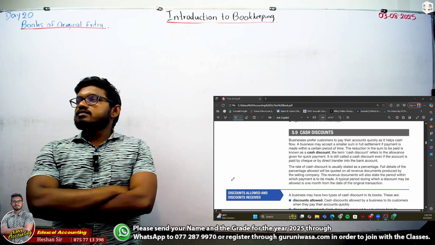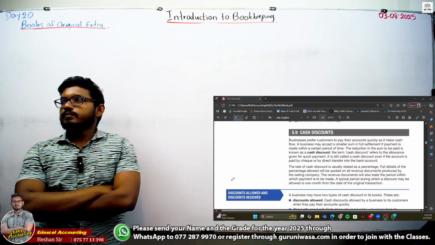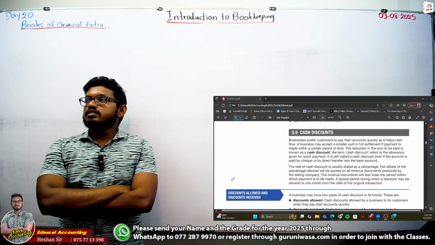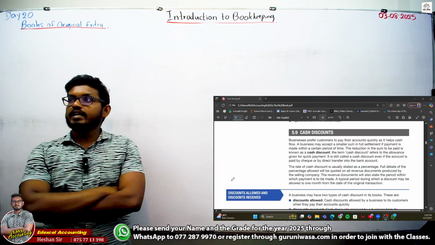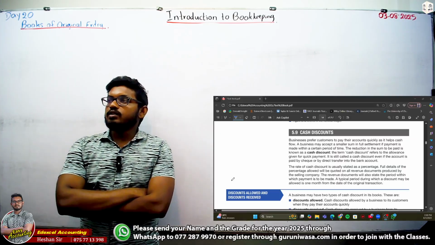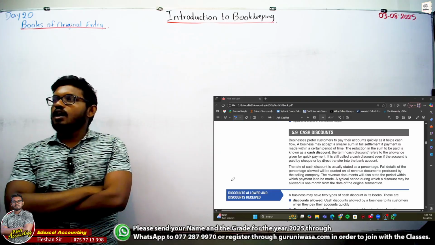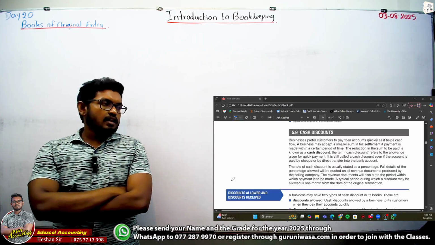The reduction in the sum to be paid is known as cash discount. The term cash discount refers to the allowance given for quick payment. It is still called a cash discount even if the account is paid by check or by direct transfer to the bank account, right?